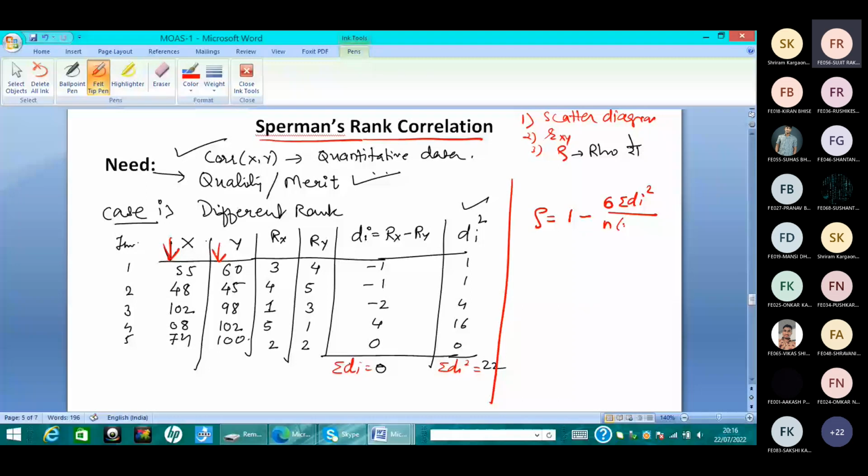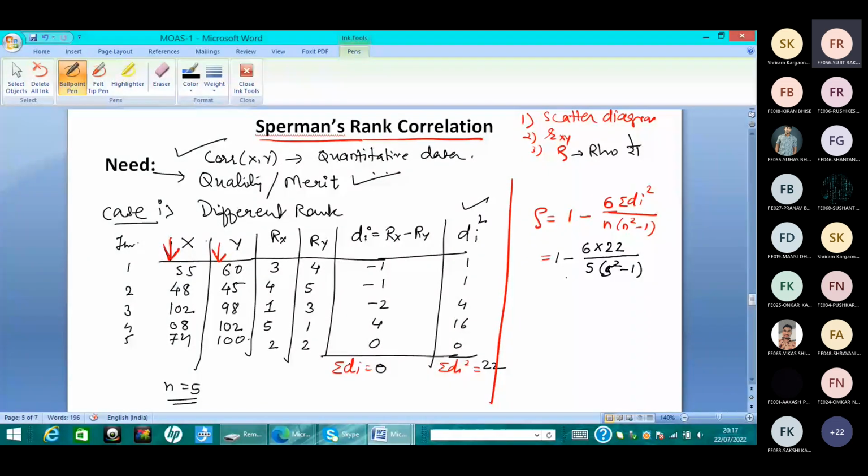Now 1 minus 6 into summation di square, which is 22, upon n, which is 5 because there are 5 innings, right? So it is 5 into 5 square minus 1. Go on simplifying this, you will get the answer.